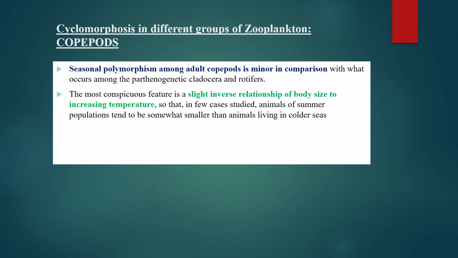Increased temperature resulted in a decline in the size of the body. So that is the general overview with respect to the cyclomorphic phenomena exhibited by the copepods, and that's all about it. Now we are going to see some other details related to cyclomorphosis in our next slide. So let's move on to that.